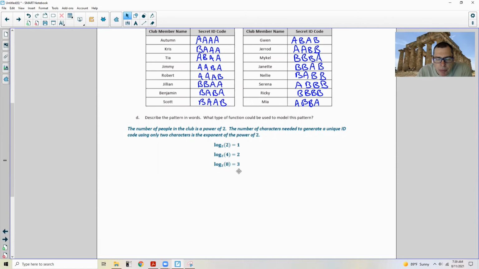If you have 8 members, you need 3 digits. And if you have 16 members, you need 4 digits.